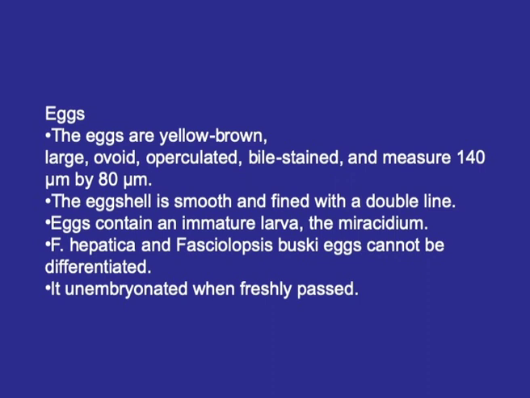The egg shells are smooth and double layered, and mostly when they are laid they are unembryonated, and the immature form within these eggs is the miracidium. The eggs of Fasciola hepatica and Fasciolopsis buski cannot be differentiated, as they look similar.